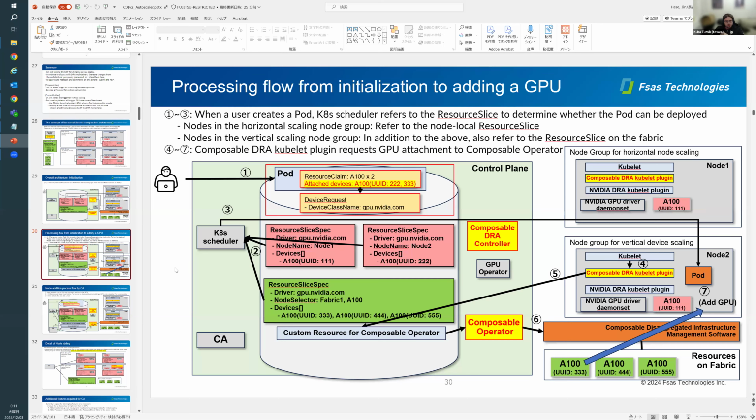So I'm wondering, what is the role of cluster autoscaler in the new architecture? Where does cluster autoscaler tie in at all? Yeah, cluster autoscaler is required for horizontal node scaling.